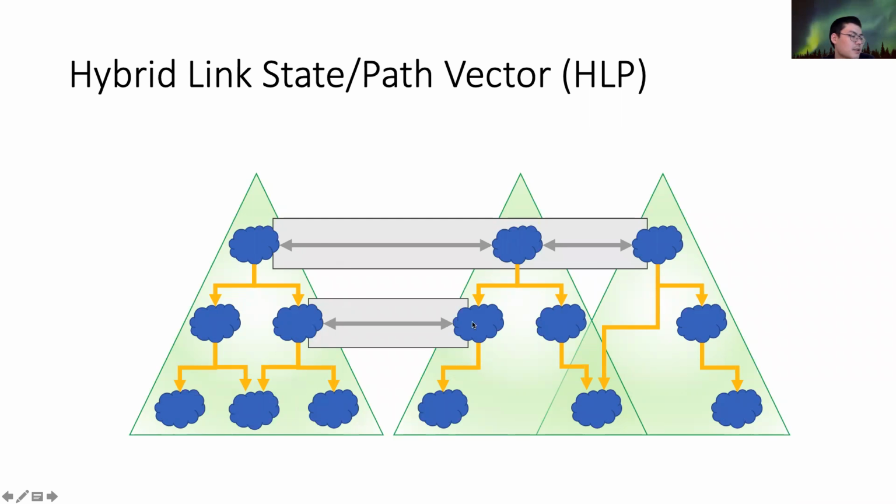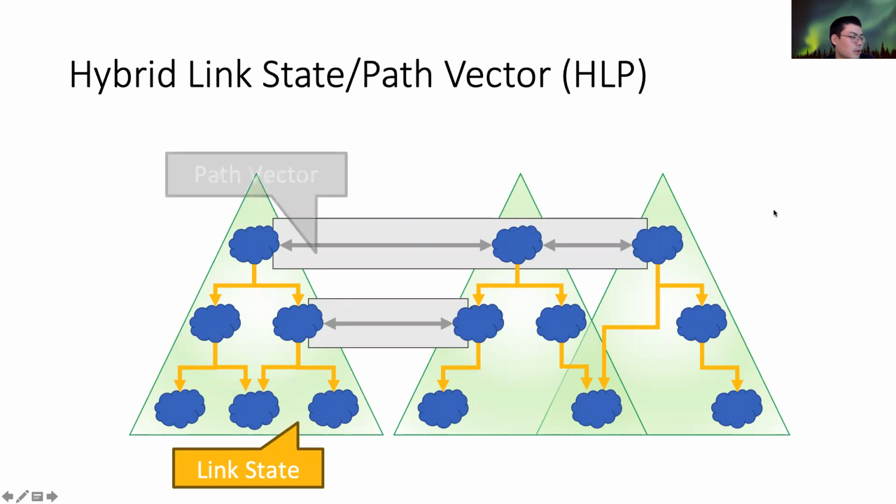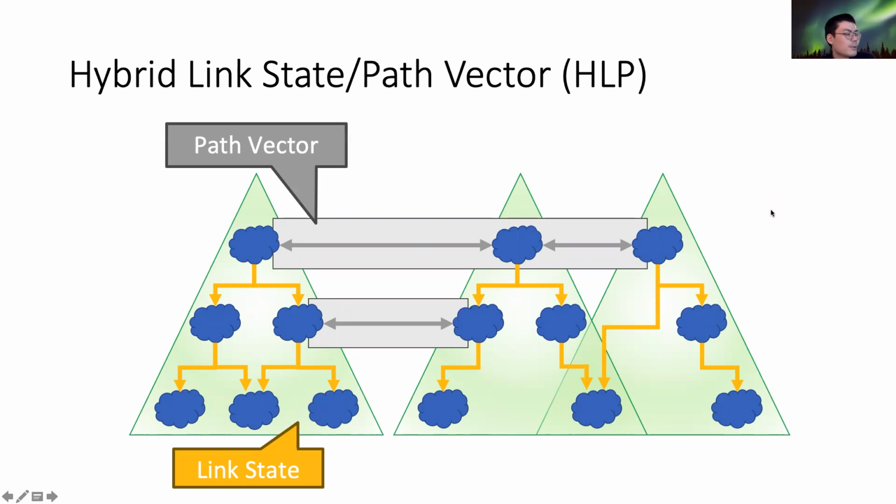These two tier 2 providers up here, and these two peer, these two and these two up here. So what we'll do is, within the triangle, each triangle will run link state, and everyone can see everything else in the triangle. Then horizontally, we will run path vector. This is like OSPF inside. The path vector is like regular BGP. Something like this.